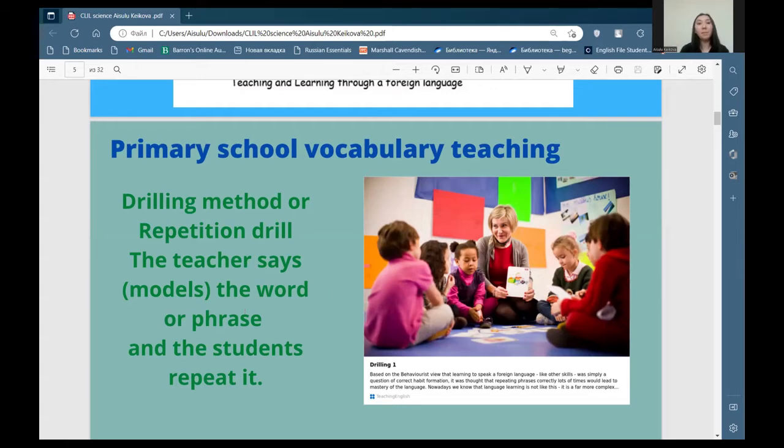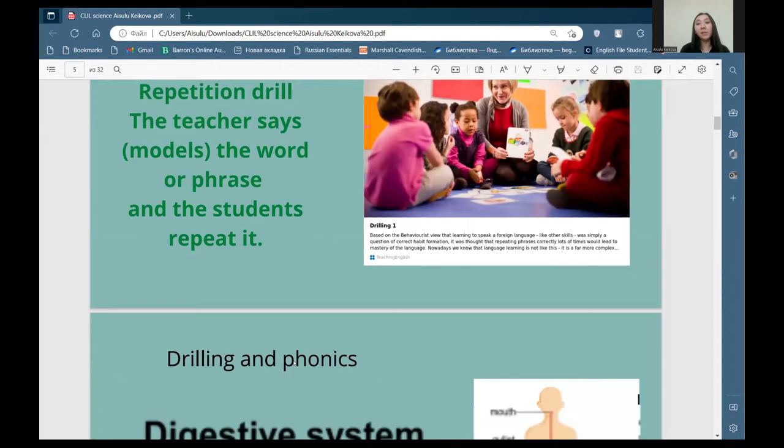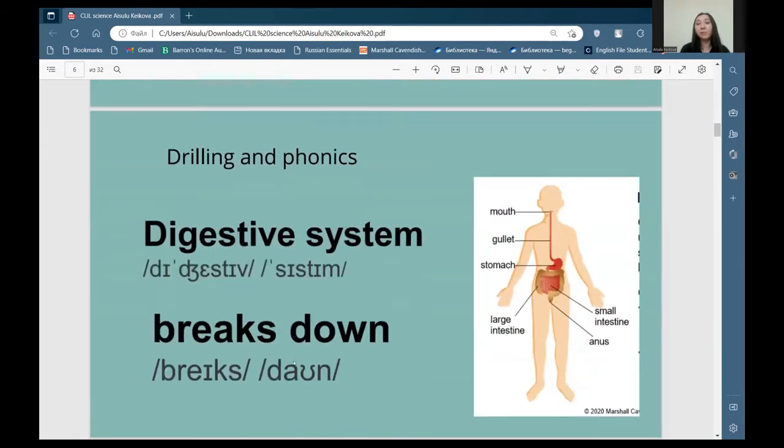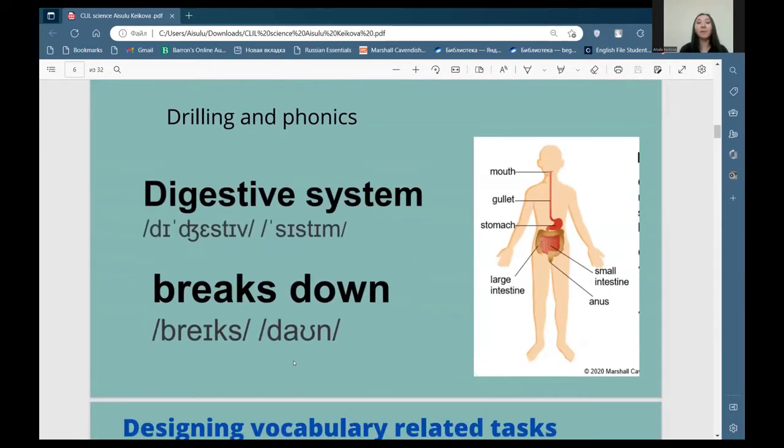For example, I create some phonics for myself, so I make sure I am giving the right pronunciation and the right stress on the word. For example, digestive system, not "system" like in many other languages it may sound. So I have to stress the exact pronunciation, and I have to ask them to really listen to me before they repeat.